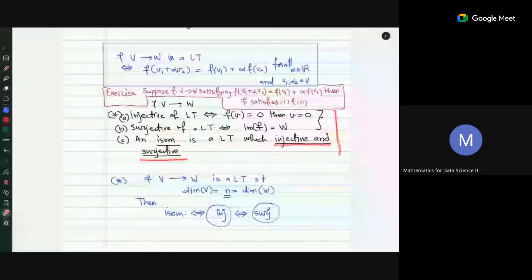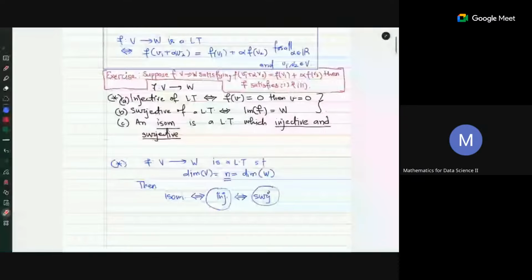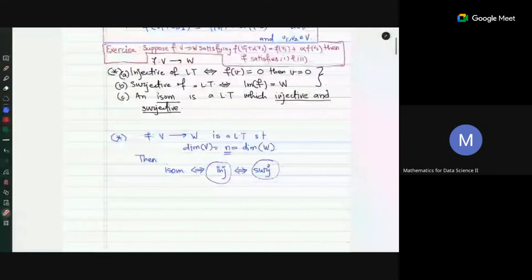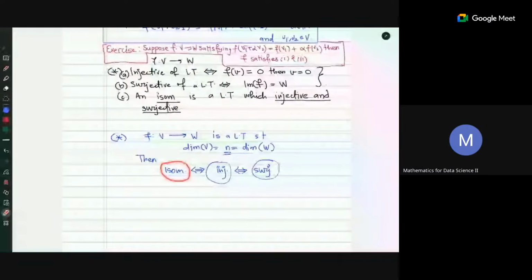All right, so this is the revision part. There is one more thing we saw in the last session: if you have a linear map from vector space V to W, where the domain and codomain have the same dimension, then F being an isomorphism is equivalent to F being injective, and it is equivalent to F being surjective.